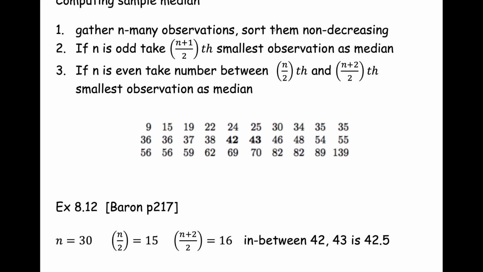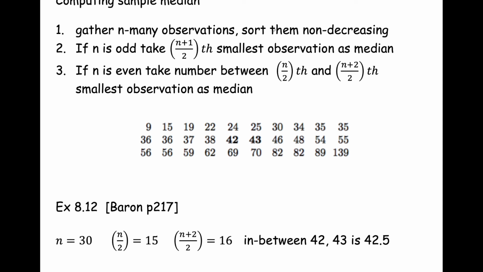Okay, so let's compute the sample median. Now, we're going to gather some number of observations, and we sort them in non-decreasing order, so this is a mechanization of it. If n is odd, then we're going to take the (n plus 1) divided by 2nd smallest observation as the median. If it's even, that's what we synthesize.